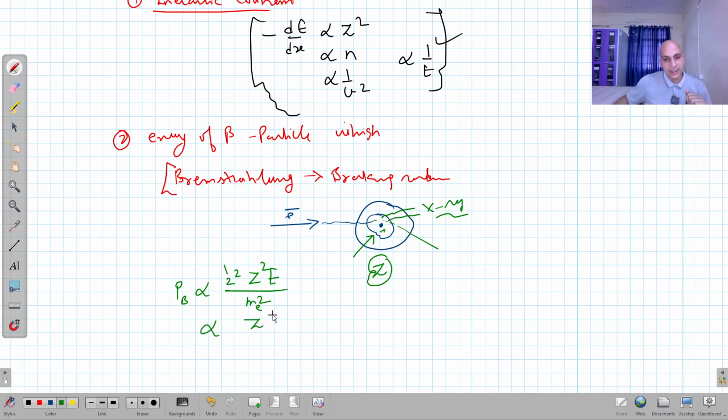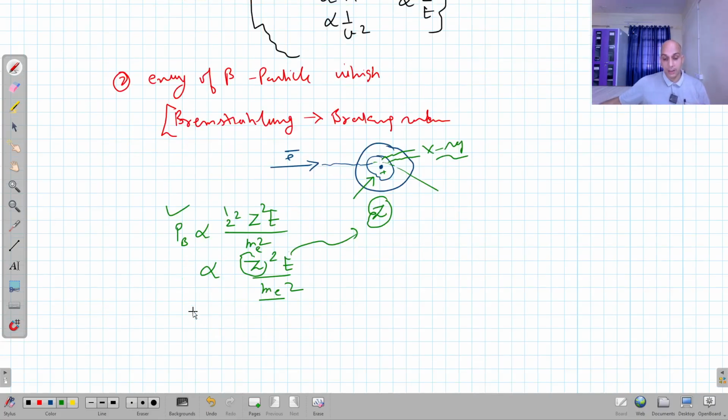So you can say it is directly proportional to Z square, E upon mass of electron square. Z, I told you, is the atomic number of the stopping medium. So larger the value of Z, larger is the probability of Bremsstrahlung. Larger the energy of the electron, larger are the chances of Bremsstrahlung radiation, and mass is small for the electron, so chances are more. So this is about the Bremsstrahlung radiation, right?